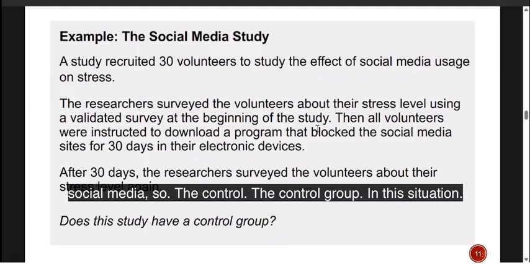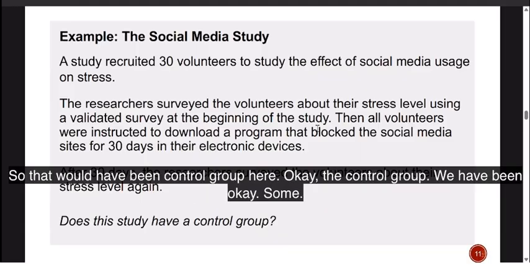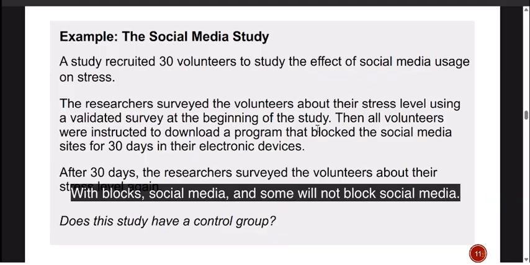So the control group in this situation is a group that continues to enjoy social media, that didn't block it. So that would have been the control group here. Some will block social media and some will not.